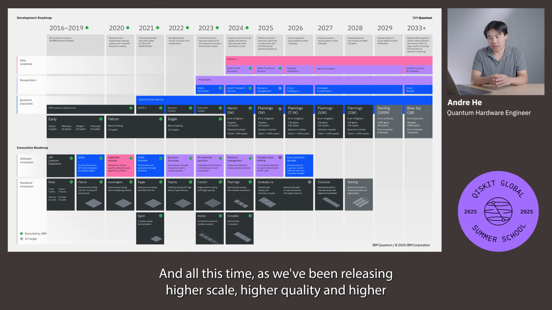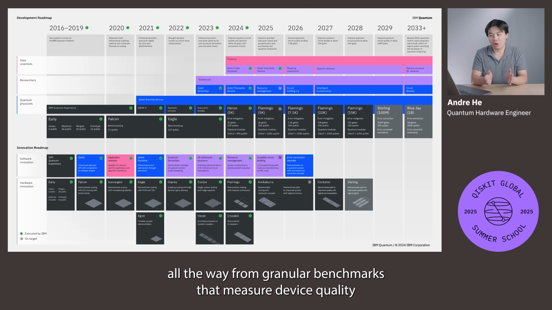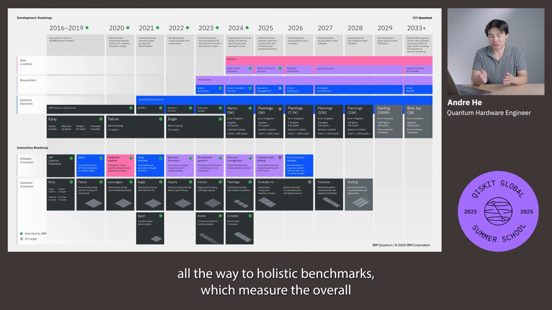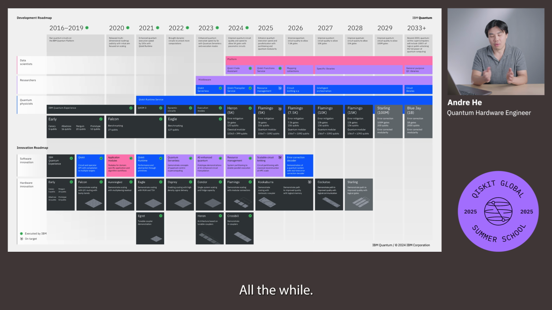And all this time, as we've been releasing higher scale, higher quality, and higher performance devices, we've also developed benchmarks all the way from granular benchmarks that measure device quality all the way to holistic benchmarks, which measure the overall performance of our devices, including both the classical and quantum stack.